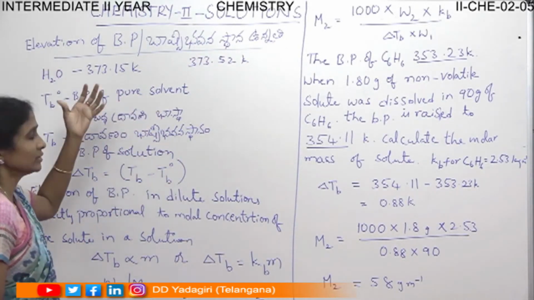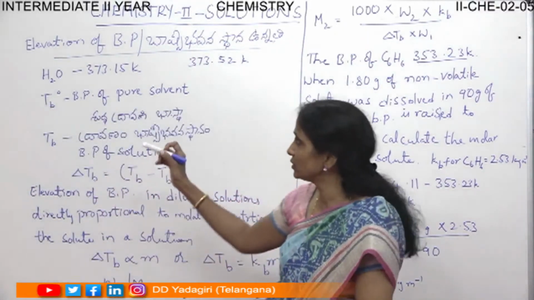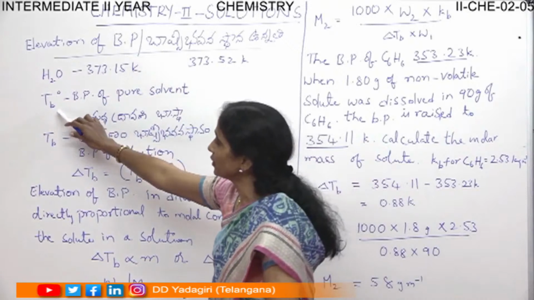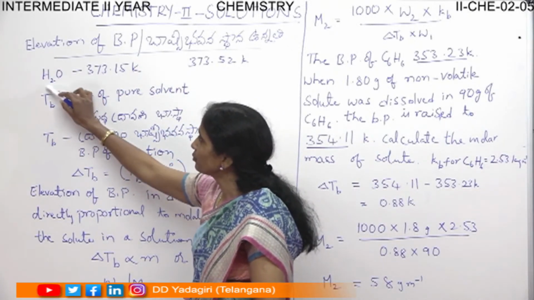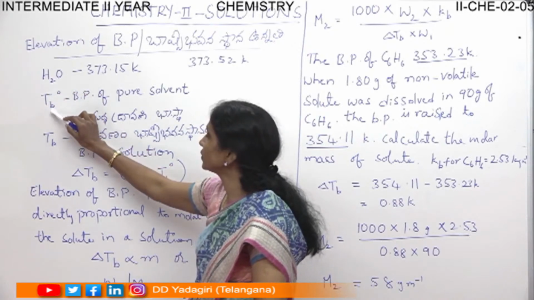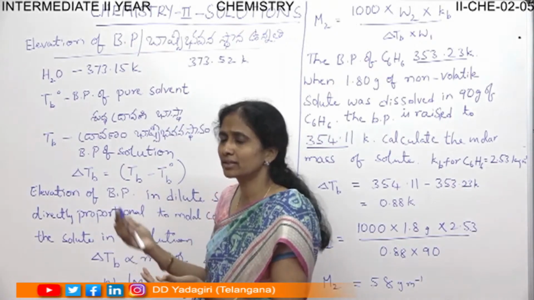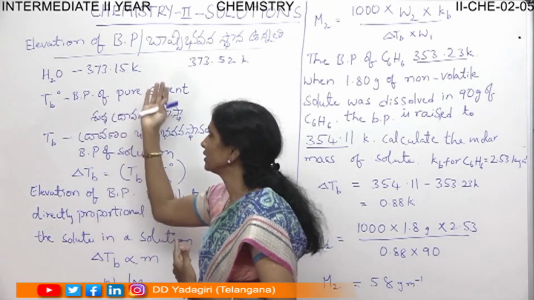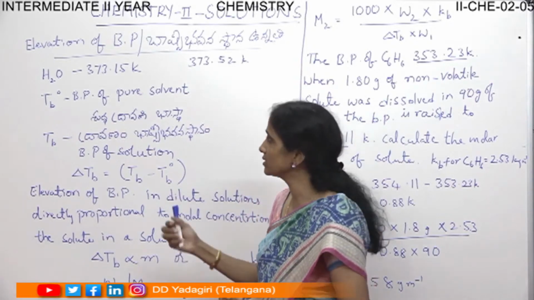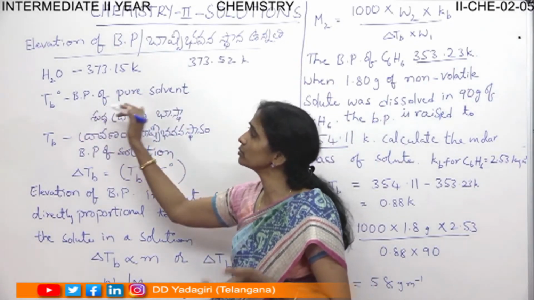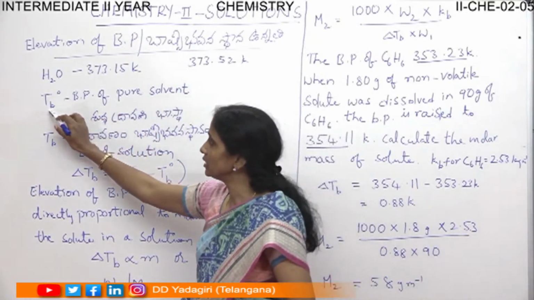Definitely, we give elevation of boiling point. You can see TB naught. What is this? The boiling point of a pure solvent. Here we are taking one example, water and sugar. Water here is a pure solvent, so the boiling point of the pure solvent is TB naught.